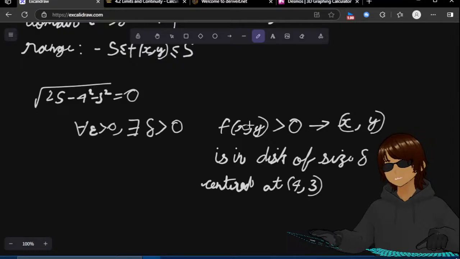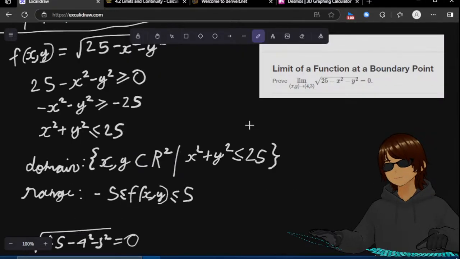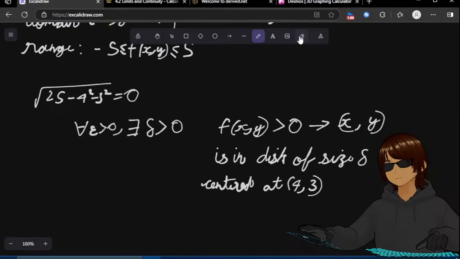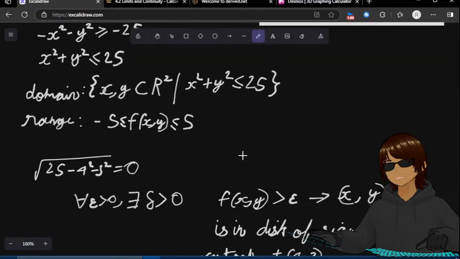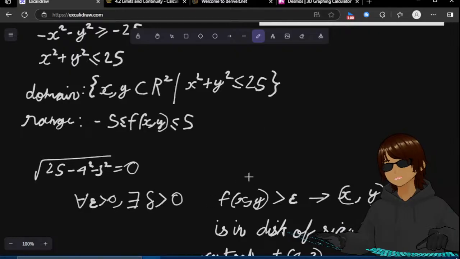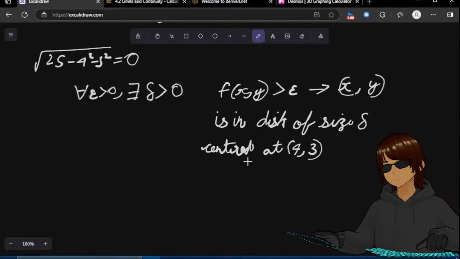This is what we are trying to prove, right? Doesn't need to be 0. This has to be sigma, the distance between f of x, y and 0. So basically, if f of x, y has any value more than sigma.